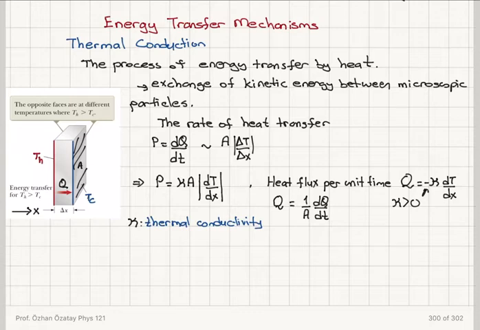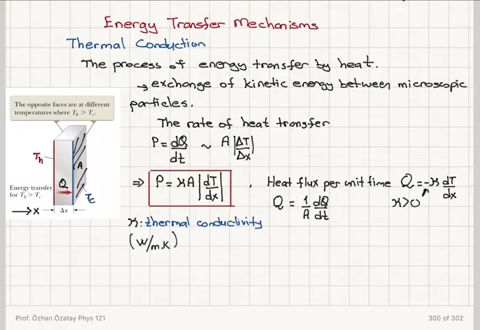And what is the unit of kappa? So we can use either of these equations. Basically, I will concentrate on the power here. Well, the unit of power is watts, so it's going to be watts per meter Kelvin.